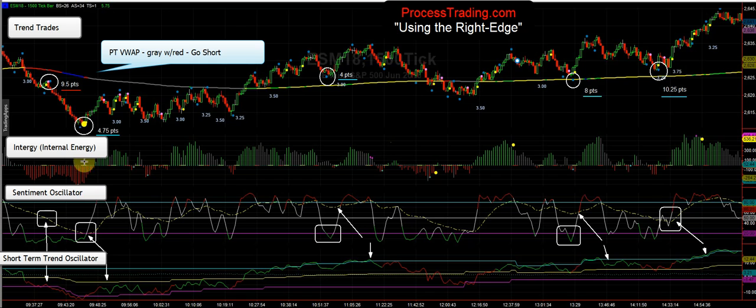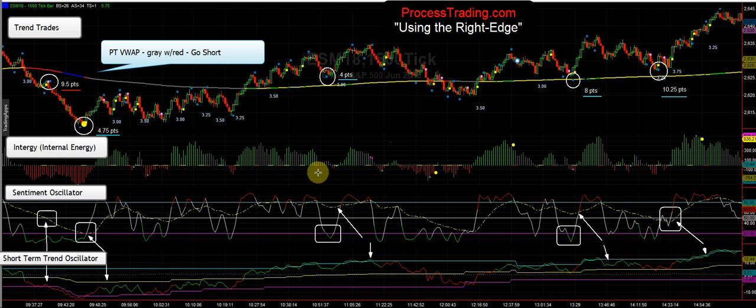When we look to the energy, we see that the energy is negative, and then at this point right here, the negative energy is starting to wane and it's starting to head positive. The energy indicator has two other signals to it, which are the yellow underscore here, and then it has red underscores.